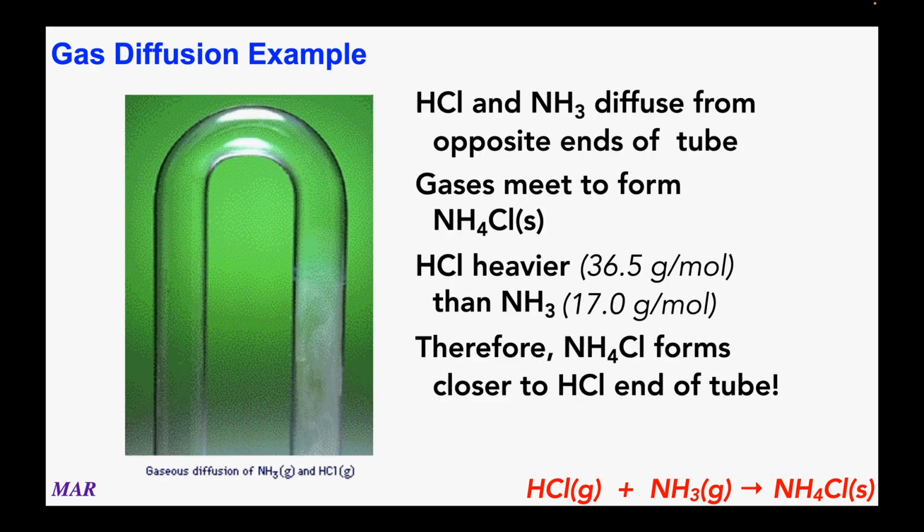So NH3 would run, if you will, a lot faster up that U-tube and get to the other side before heavy HCl does. But when they mix, that's when you see the white solid. And the white solid in this case was only on the HCl side. HCl is a lot slower to diffuse and effuse than ammonia is, so that's why you see the white ammonium chloride only on the right and not on the left side.